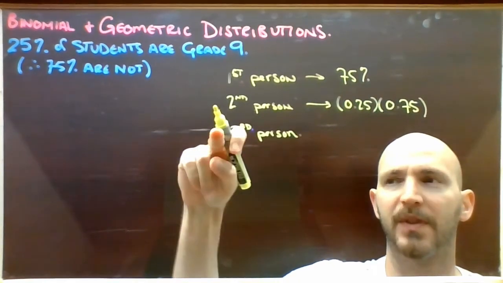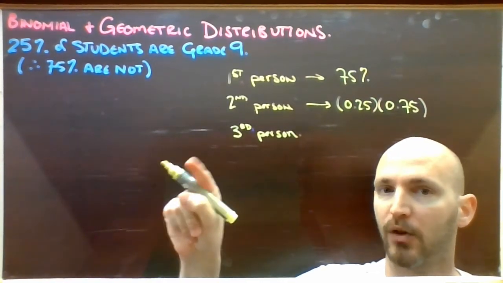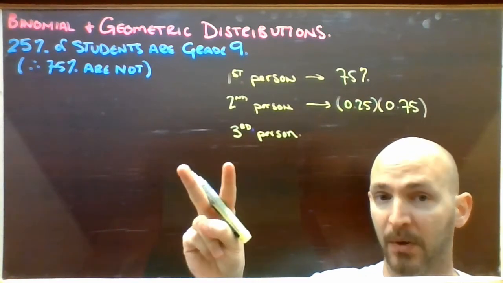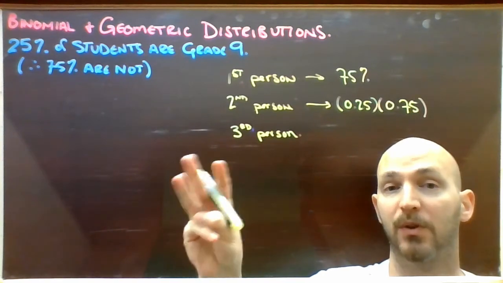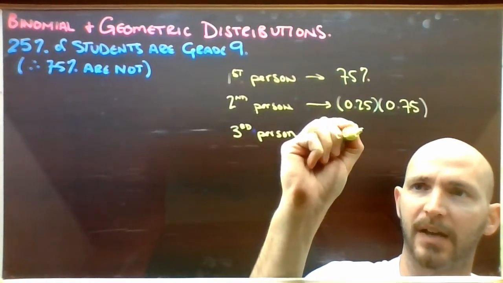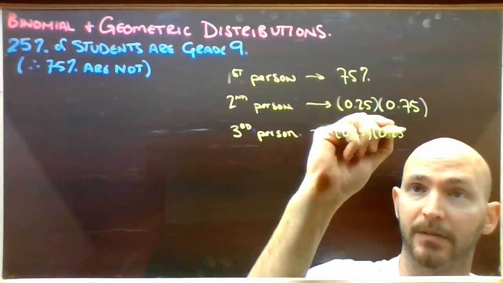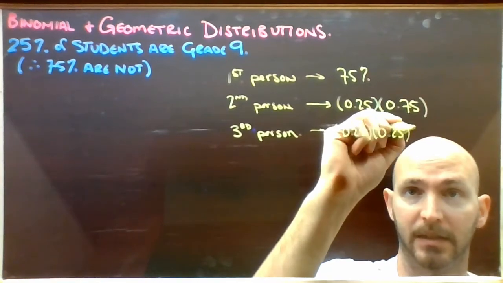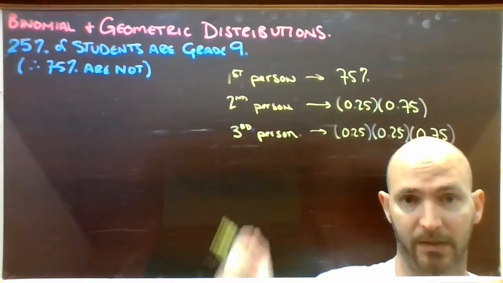But in order for this scenario to have unfolded, I had to speak to one person who was a grade 9, a second person who was a grade 9, and only on the third did I find someone who was not. So that would be 0.25 for the first grade 9, then another for the second grade 9, and then another who is not in grade 9.